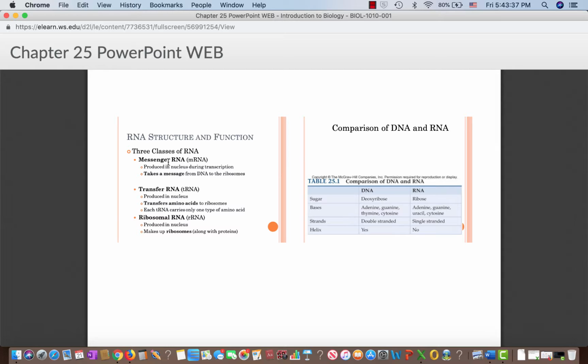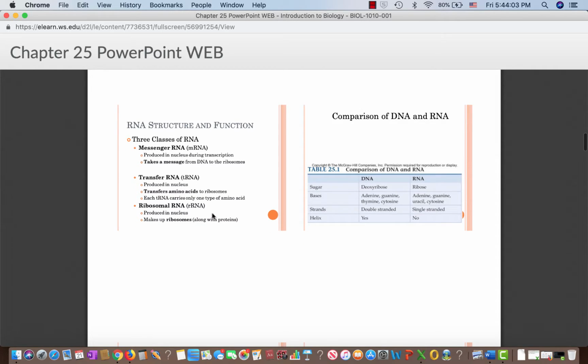You have your messenger RNA, which is produced in the nucleus during transcription and takes a message from DNA to the ribosomes. Then you have your transfer RNA, which brings amino acids to the ribosome to build the proteins with. And then you have ribosomal RNA, which is produced in the nucleus and makes up the ribosomes along with some proteins.